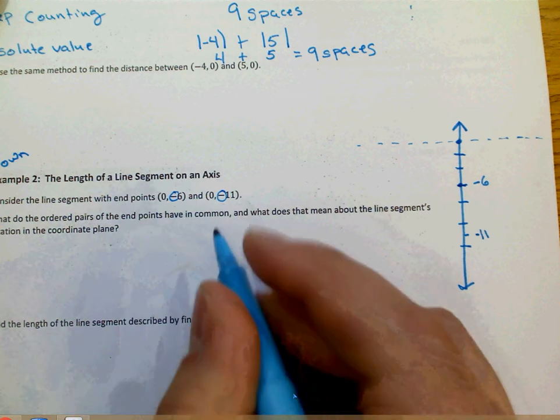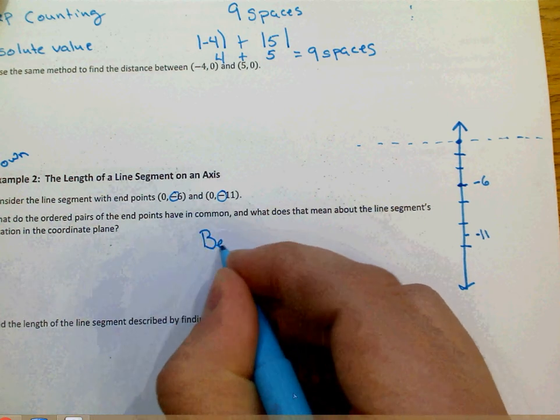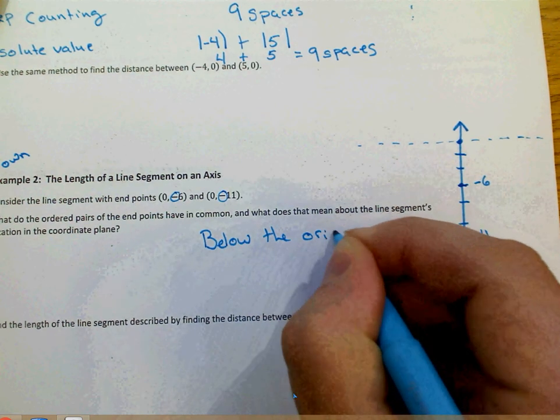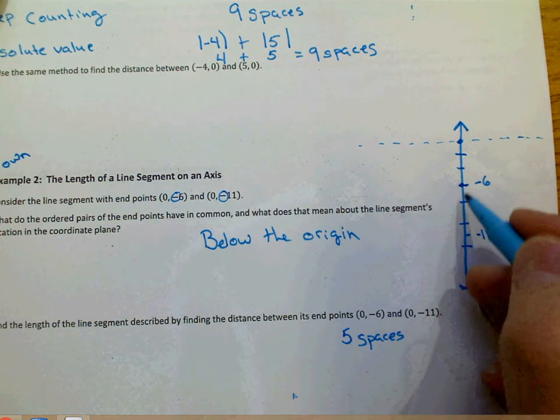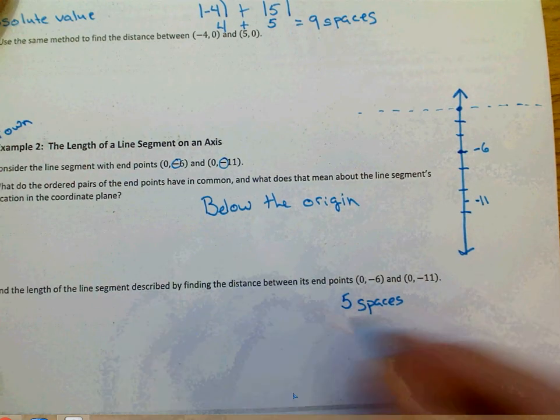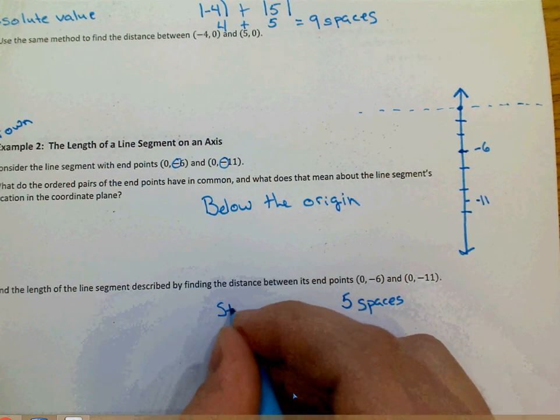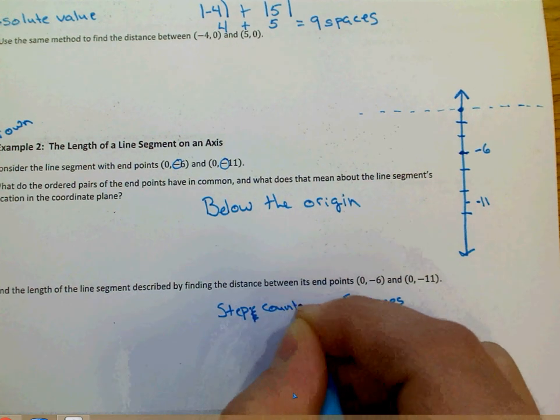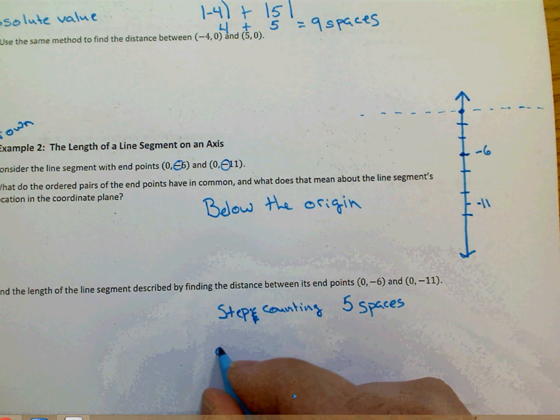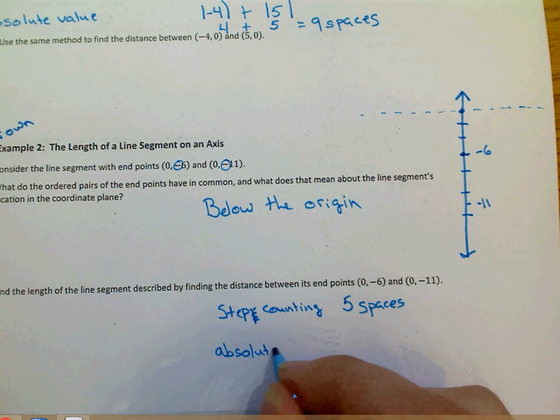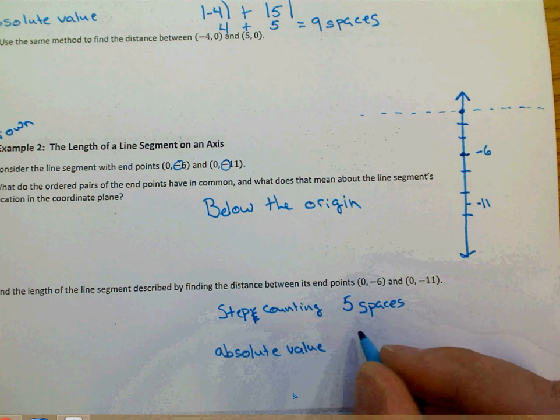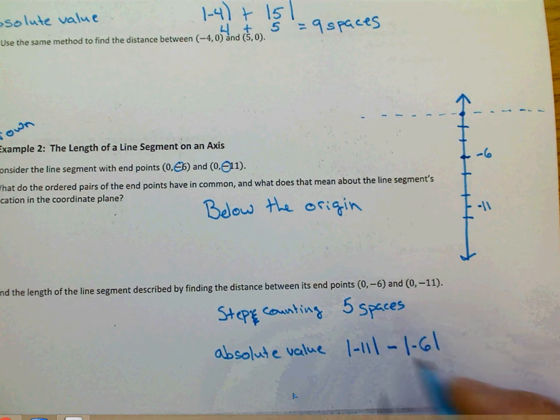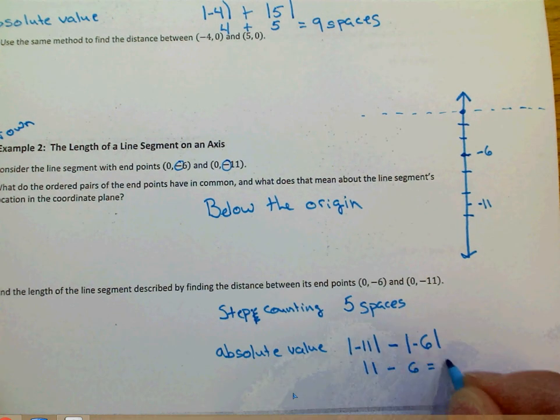Since they're both negative, they're below the origin. And since they both have the same sign, we're going to subtract for our absolute value. The absolute value of -11 minus the absolute value of -6. It's 11 minus 6 equals 5 spaces.